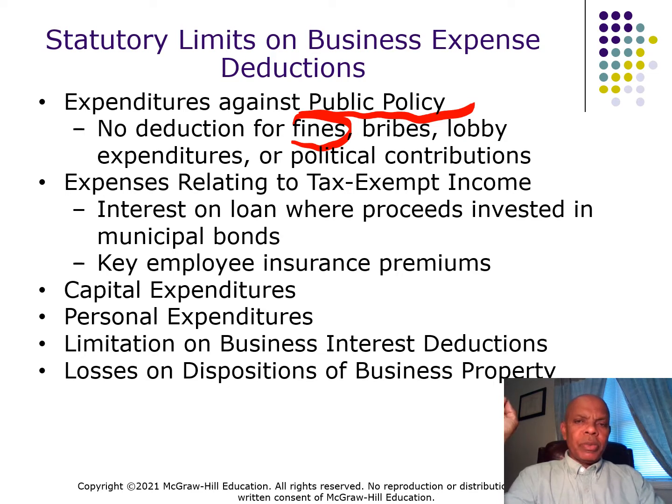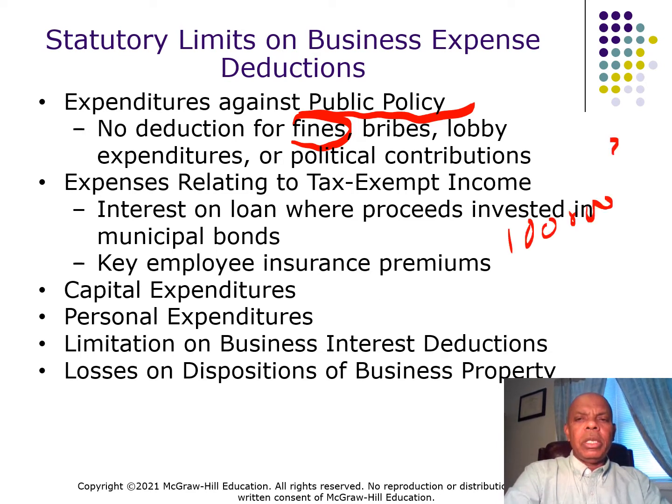Okay, expenses related to tax exempt income. Interest on a loan where the proceeds are invested in municipal bonds, and key employee insurance premiums are not deductible either. What is this? Suppose you borrow $100,000 at 3% interest, that's $3,000, right?